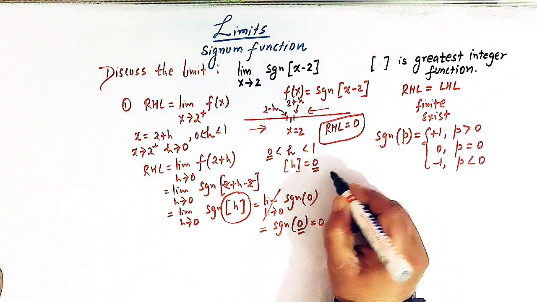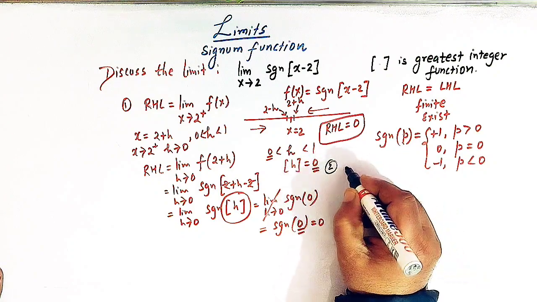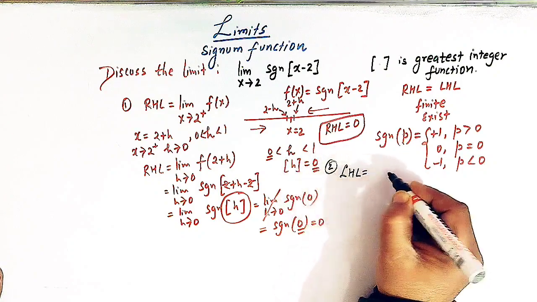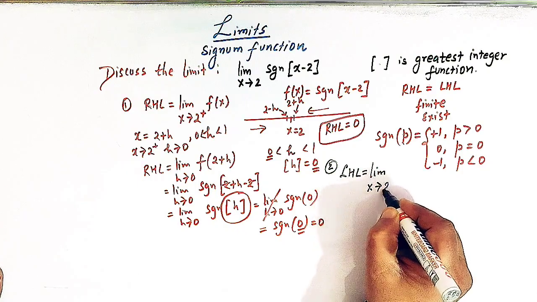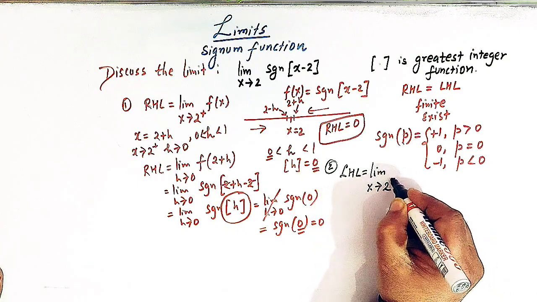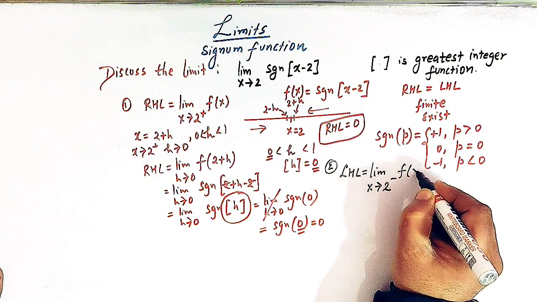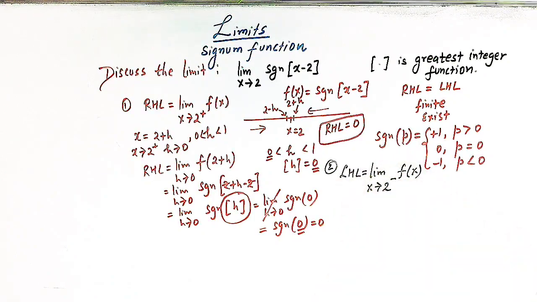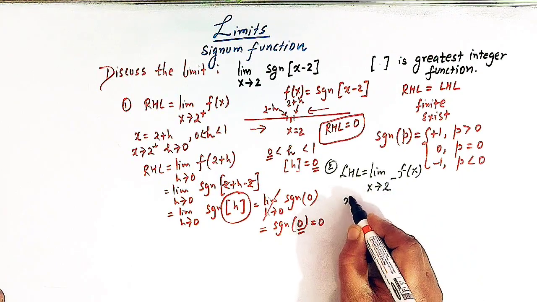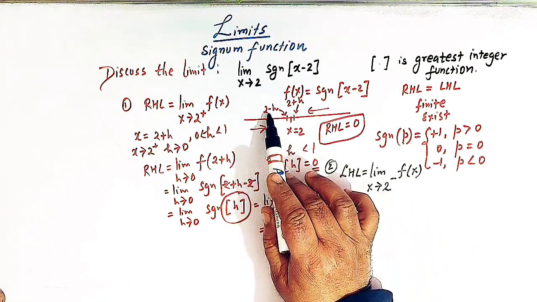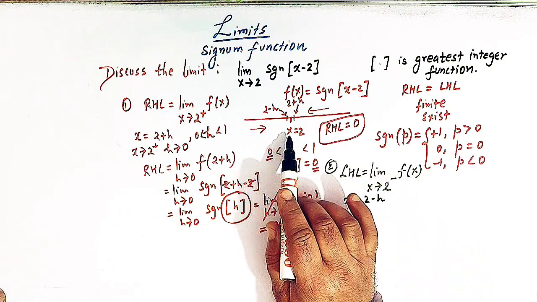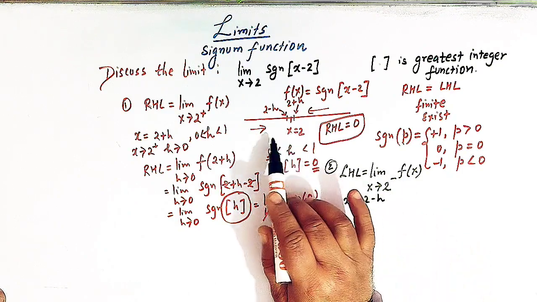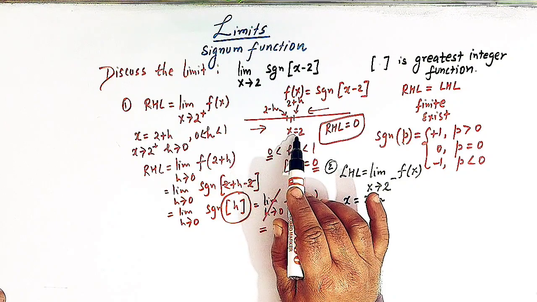So the notation for the left hand limit is given by limit x tends to 2 minus, and here we have f of x. So now we take x is equal to 2 minus h, because in this case we are approaching towards x is equal to 2 from the left of x is equal to 2.